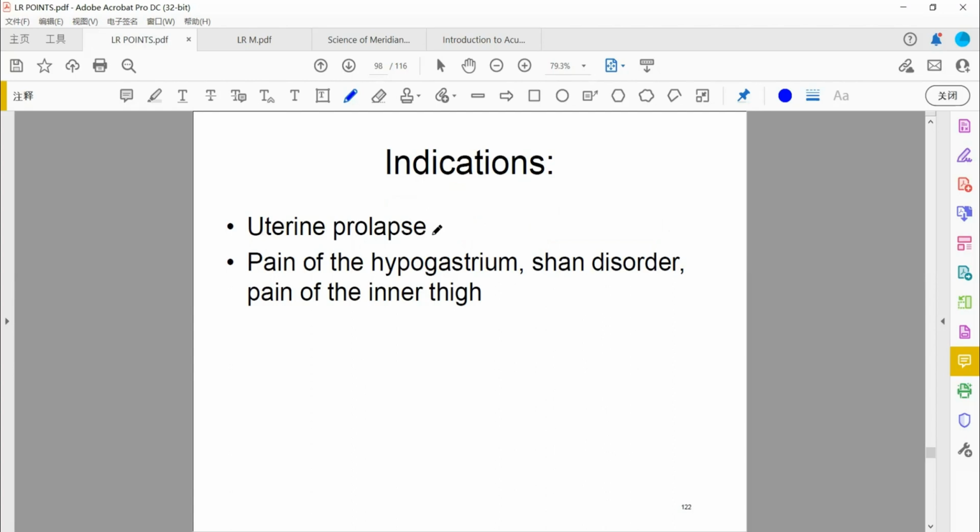Uterine prolapse, pain of the hypogastrium, Shan disorder, pain of the inner thigh. Shan disorder: if the cold invades the liver meridian, the patient may have Shan disorder, may have hernia. So we use this one as a local point.